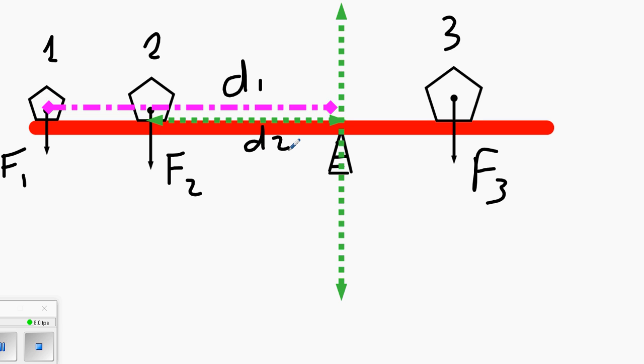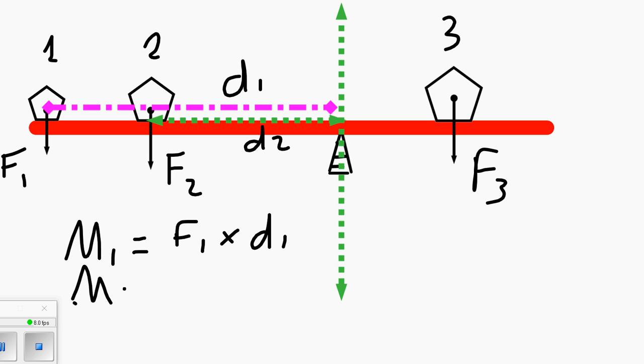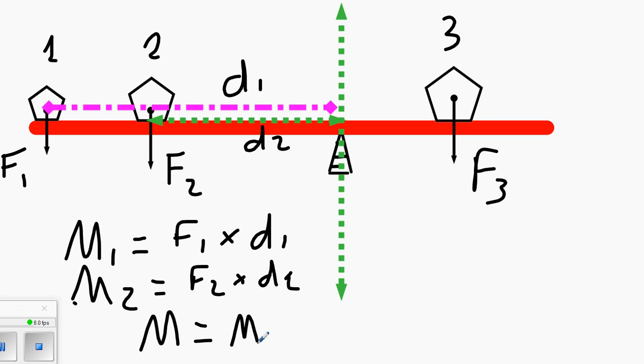So, to find the moments on the left, the moment of object 1 is going to be f1 times d1. And the moment of object 2 is going to be f2 times d2. To find the total moment on the left, we're just going to do m equals m1 plus m2.